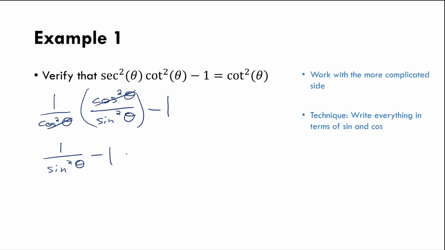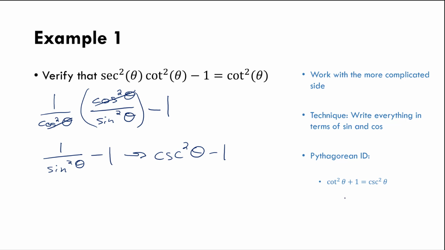Well, this is going to be equal to 1 over sine squared of theta, which I can actually rewrite as cosecant squared theta, so cosecant squared theta minus 1. Now from here we're going to rely on our Pythagorean identity that says cotangent squared theta plus 1 is equal to cosecant squared theta.